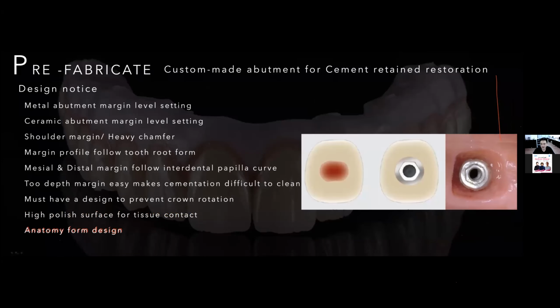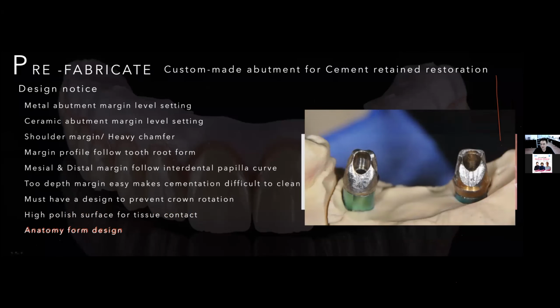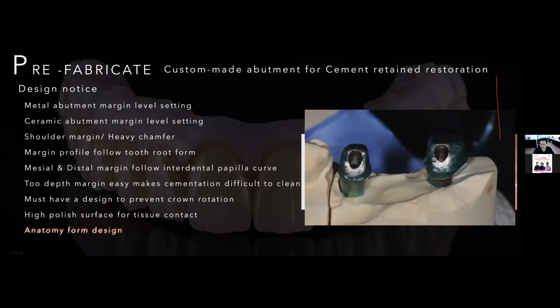And this is another, like the other list. Follow the anatomical form, and you can make your crown easily. If you choose a standard abutment, it is never the same as the final restoration or the original tooth form and shape.